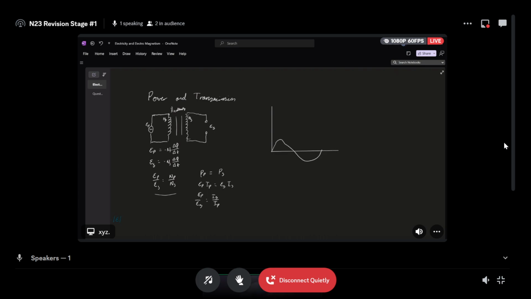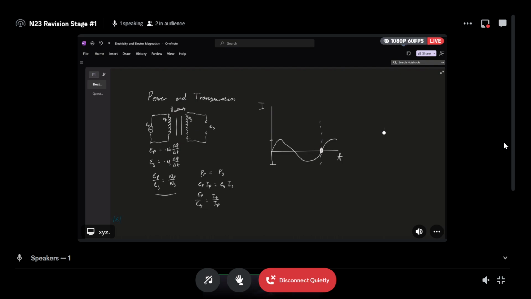So let's just say this is I and this is time. Okay, so we have both positive and negative current, but what we're saying is that in power generation, if I were to ask you what the average current here is, you would tell me it's 0.